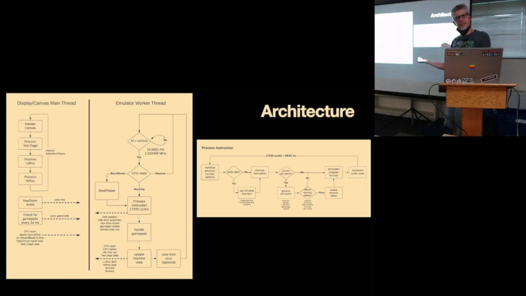And you wouldn't think so because there's a lot of information that has to get passed back and forth. Basically, 60 times a second, it has to pass across all of the text memory or high-res or low-res memory back and forth so it can display. JavaScript has no problem doing that.